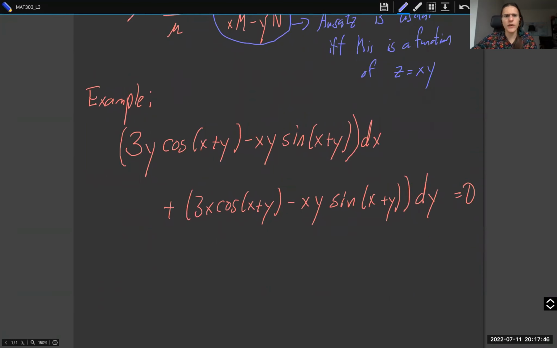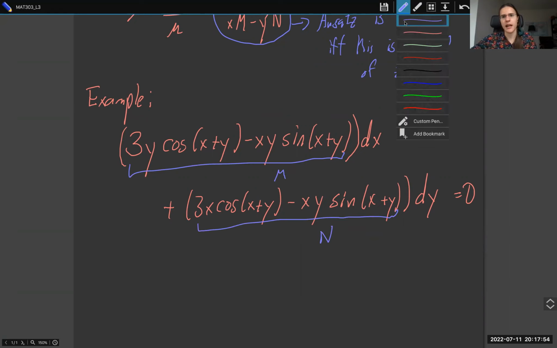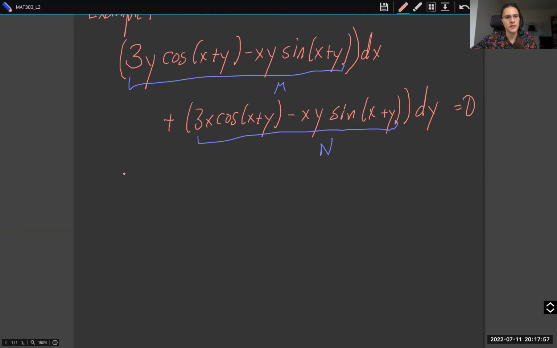Okay, so we have that this is M and that this is N. And first we check for exactness. So M_y is equal to, okay, we're going to get a chain rule expansion here. It's going to be 3 cos(x plus y), and then when I differentiate this, the derivative of cosine is negative sine.